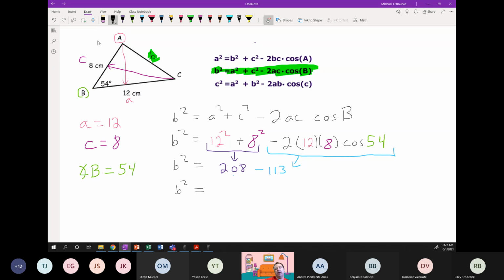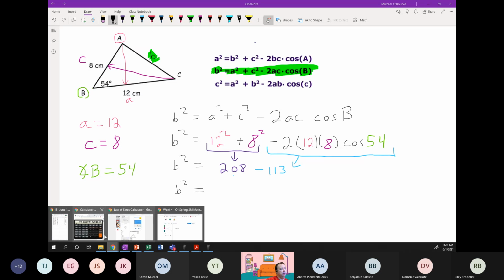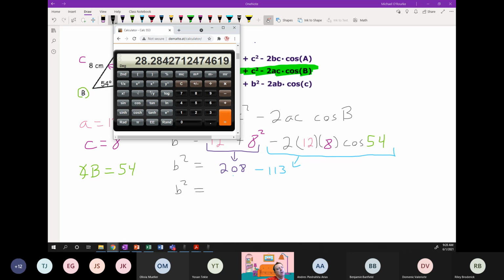Okay, Haley, what kind of calculator are you using? iPhone? All right, so for you, I would work backwards in all honesty, Haley.